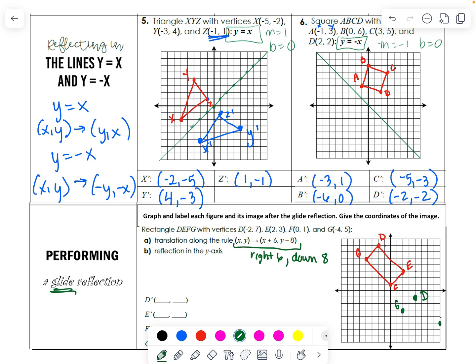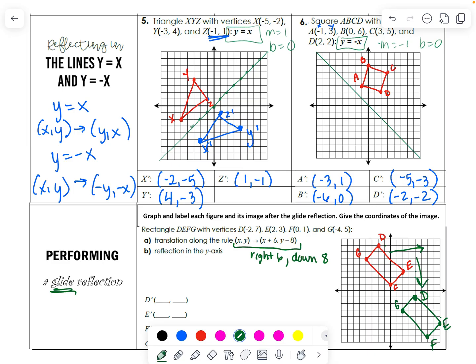So that's E, and I know F is 2 diagonals away. So I got my shape here. That translation should be in the same orientation, facing the same way, just kind of that movement to the right and down.